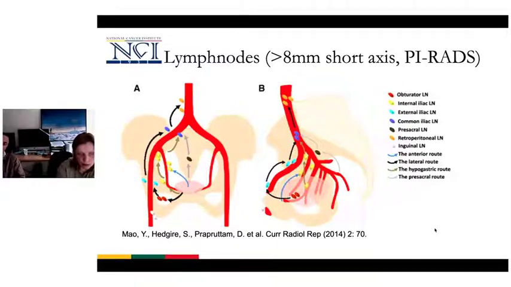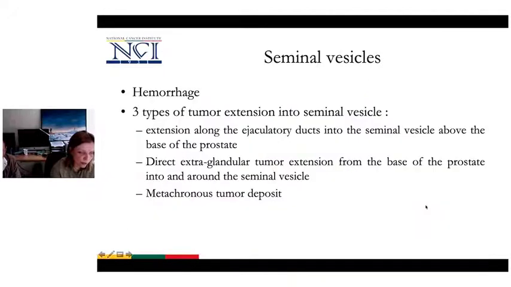That is important in, for example, computer tomography or other MRI exams. Here, in PI-RADS version, it is recommended to pay attention to lymph nodes that measure more than 5 millimeters in short axis. And of course, we say which lymph nodes are bigger and which may be important for us.